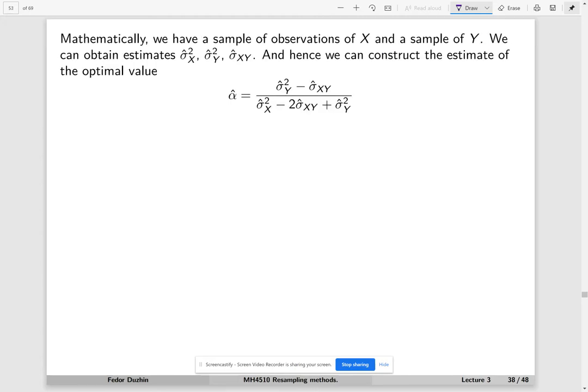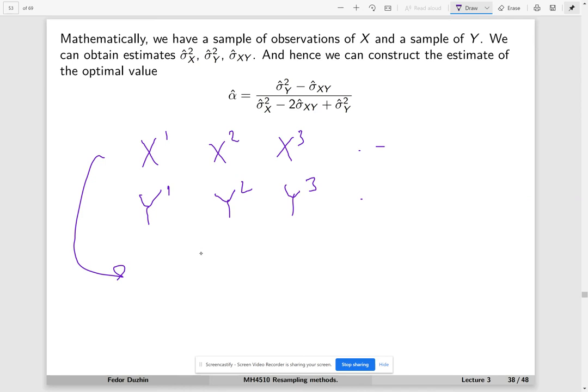Mathematically, we just have a set of observations x1, x2, x3, and so on, and a set of observations y1, y2, y3, and so on. We can construct estimates of our variance, like the estimate of the variance of X. You know from statistics and probability how to estimate variance from a sample.